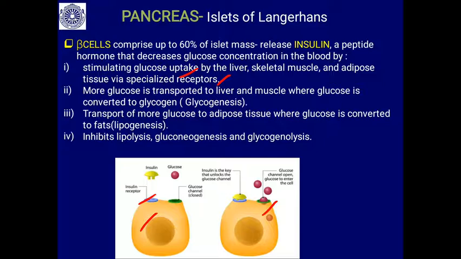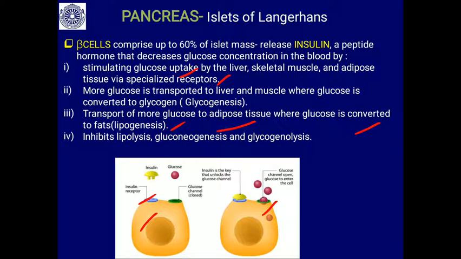Then glucose is also transported to adipose tissue, the fat tissue, where glucose is converted into fat, lipogenesis, and gets stored. So, insulin inhibits lipolysis, the breakdown of fats, gluconeogenesis, glucose formation from fats and proteins, and glycogenolysis, the breakdown of glycogen into glucose.